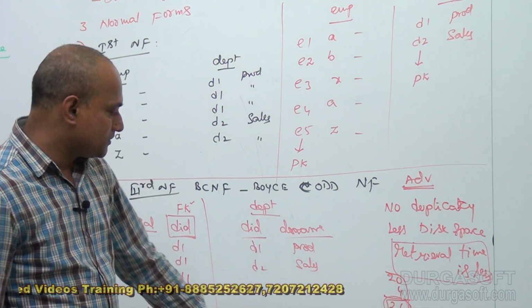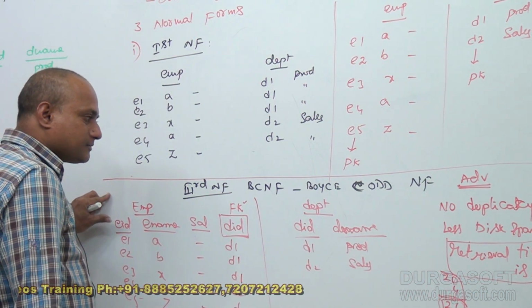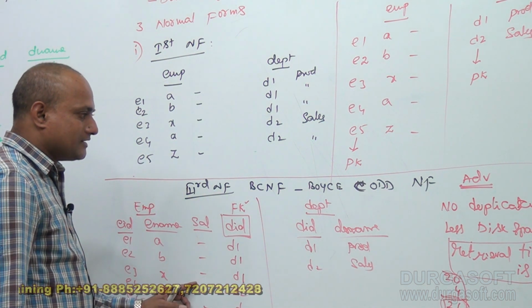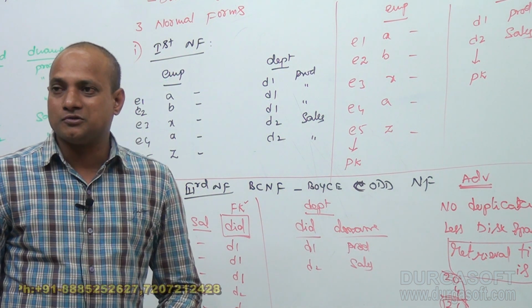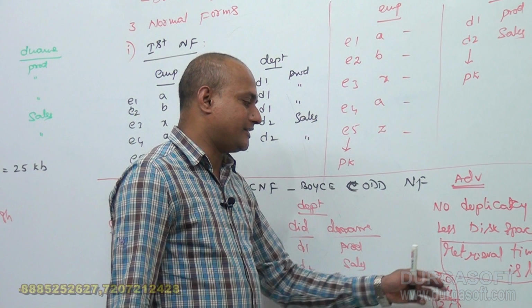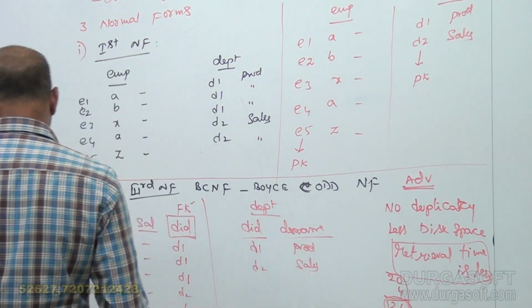So normalization is providing the complete information to the client, and moreover it is reducing disk space occupation, duplicacy, and it is also reducing data retrieval time. These are the advantages by using normalization.